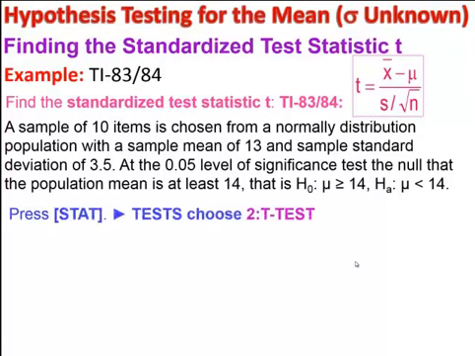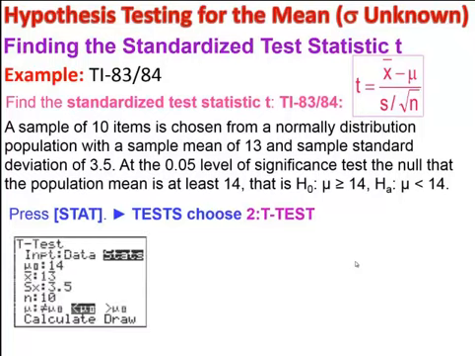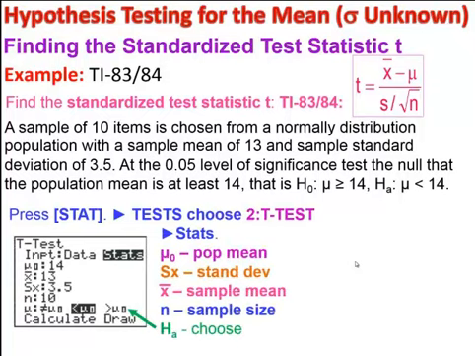When you have your information, you're going to go to your stat button, choose test, and choose number 2, which is the t-test. So this is the menu that you will find. Always make sure when you're given the information that your stats are highlighted. So you want to arrow over to stat and hit enter, and it will highlight stats.